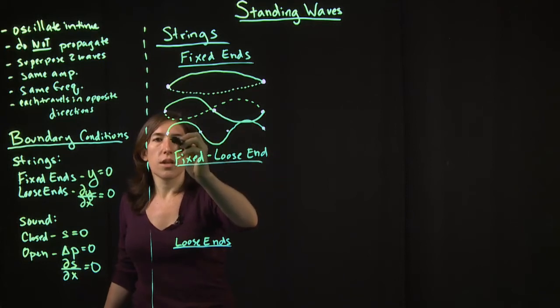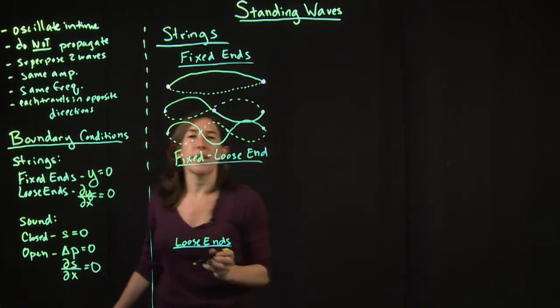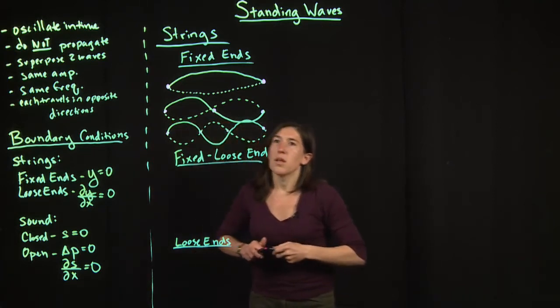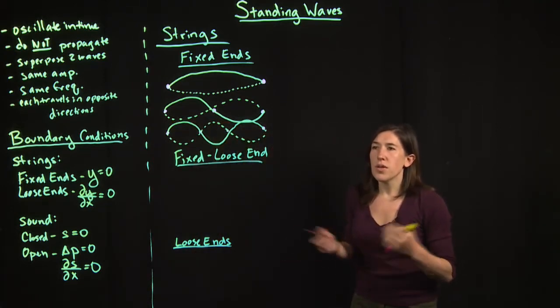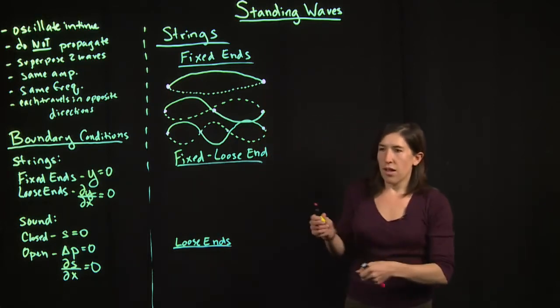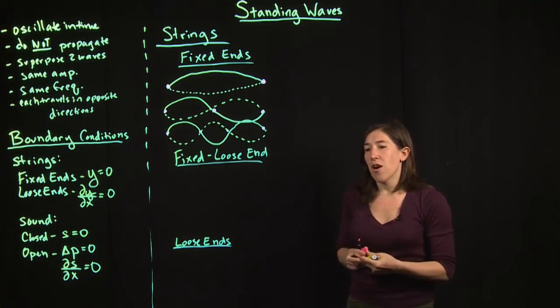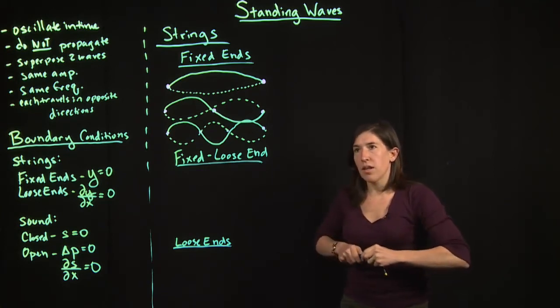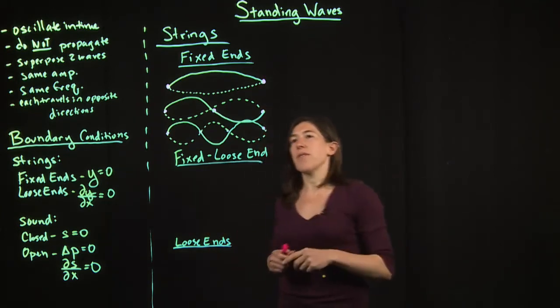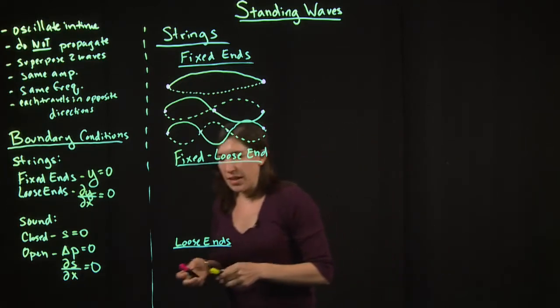Sorry, these are all mushing into each other. I guess I drew a little too big. So those are going to be your first three allowed harmonics, or your first three allowed wavelengths or frequencies, whatever you want to call it, having two fixed ends like that.